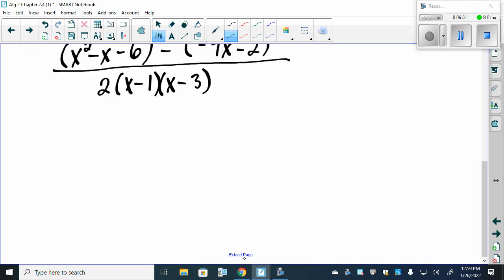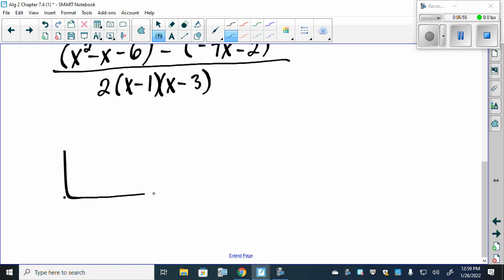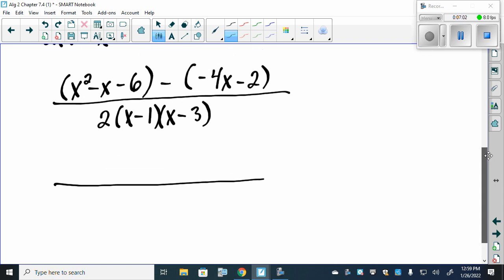Well, it'll take care of itself here in a minute. Oh, it's going to scroll down. So, if we look at this here, the first set of parentheses we really don't need, because there's nothing in front of them, the sign's not going to change. But the second set with the negative 4x and negative 2, we're subtracting it.